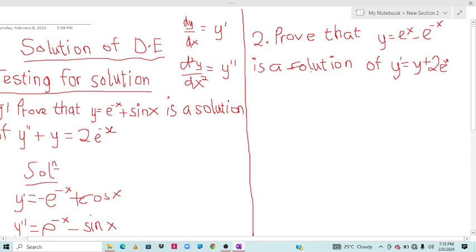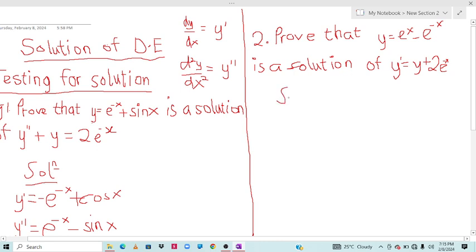So now, with our understanding from the previous example, we have to prove that the function y equals e^x minus e^(-x) is a solution of the differential equation y' = y + 2e^(-x).